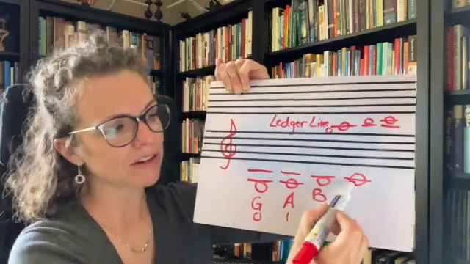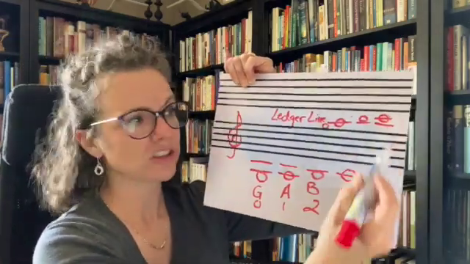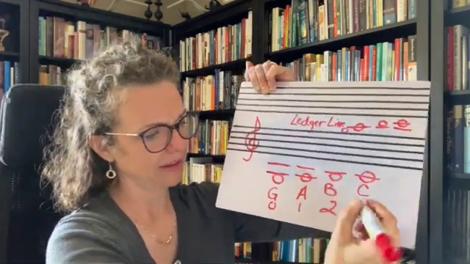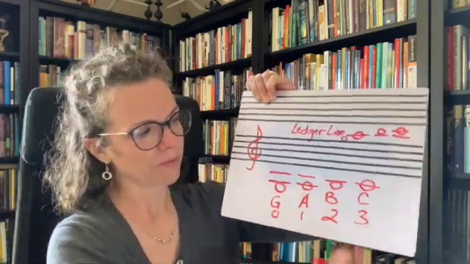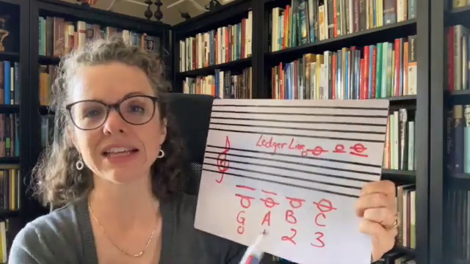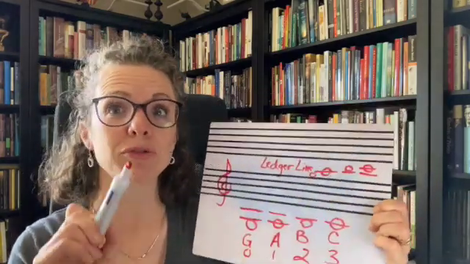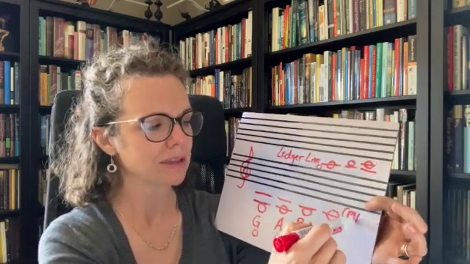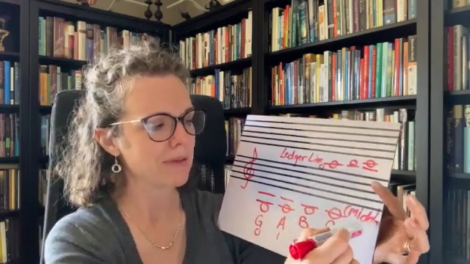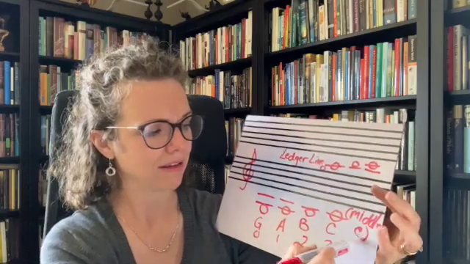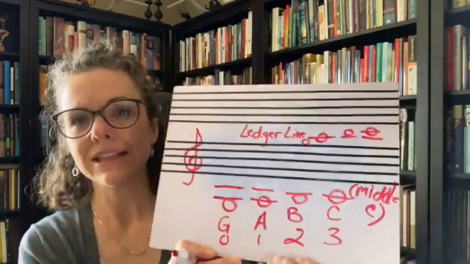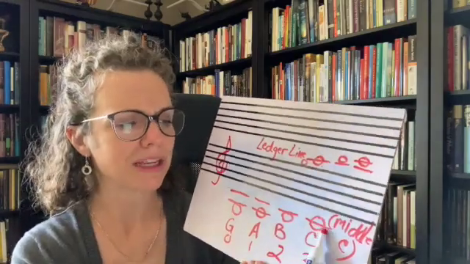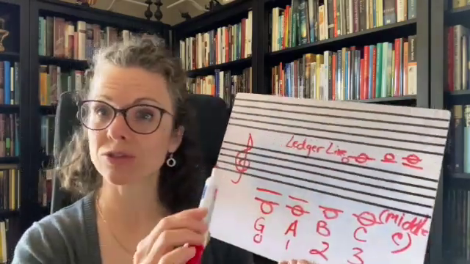Then the note that looks like a floating alien ship, kind of like high A up here, this is C, and this is third finger. And this C actually even has a special name, especially for pianists, okay? Just so you know, sometimes this is called middle C, okay? And it's middle C because it's in the middle between the bass clef and the treble clef.